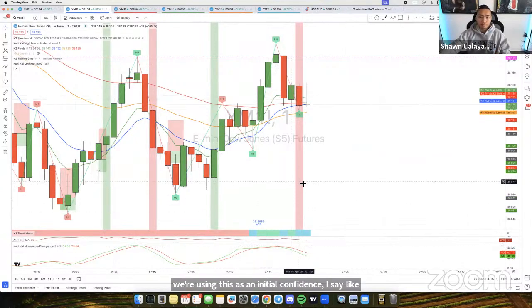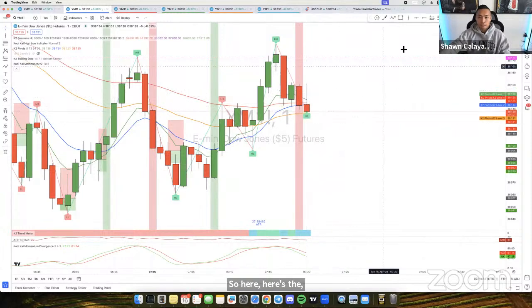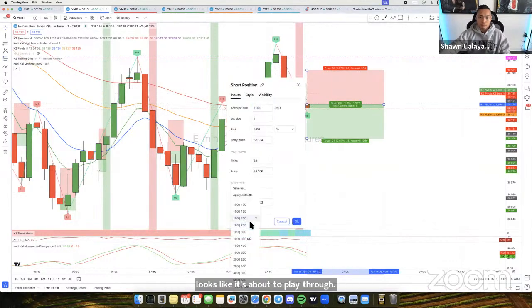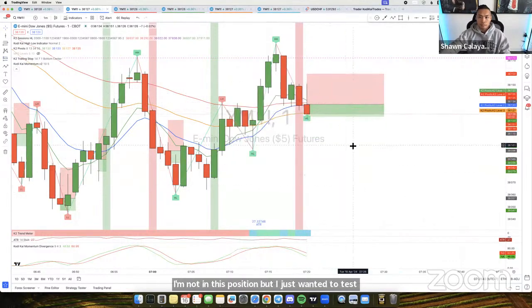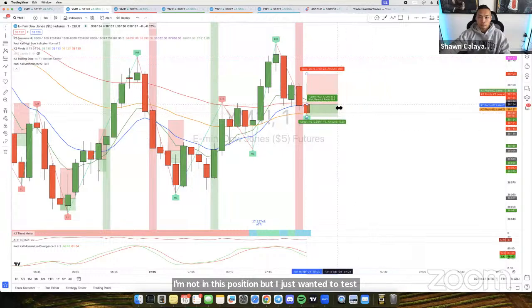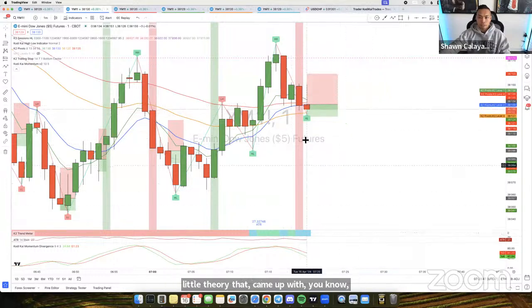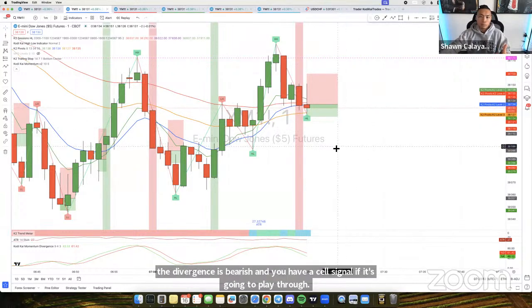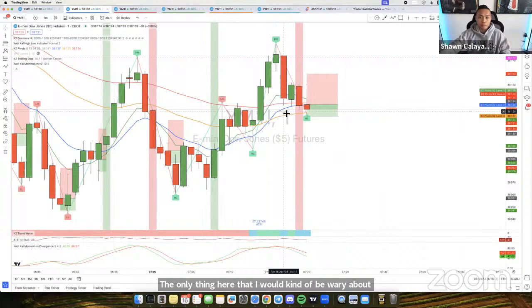So here's the sell signal that came up, and it looks like it's about to play through. I'm not in this position, but I just wanted to test this little theory that Madhu came up with. If the divergence is bearish and you have a sell signal, it's going to play through. The only thing here that I would be wary about is the trend, because the trend isn't bearish yet.